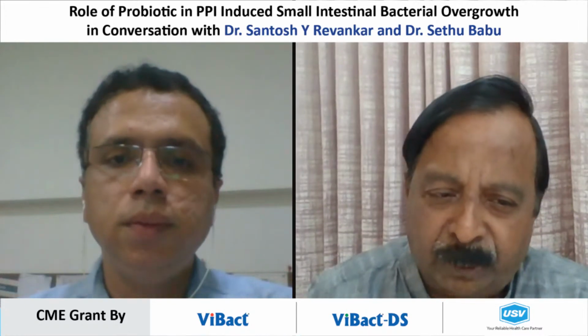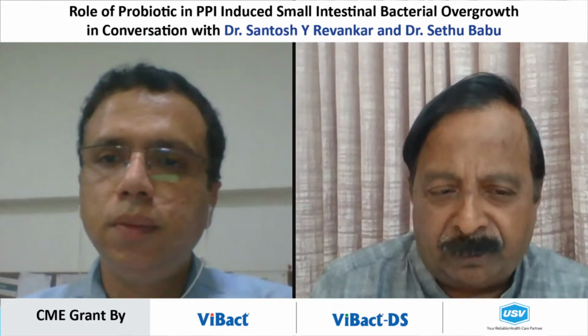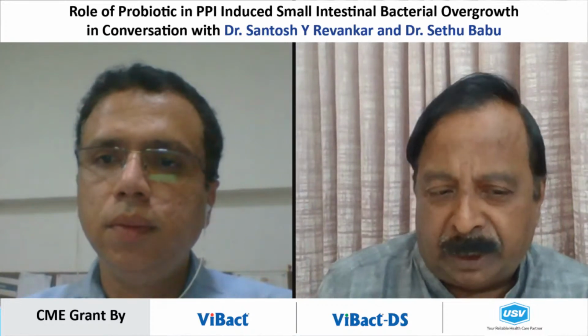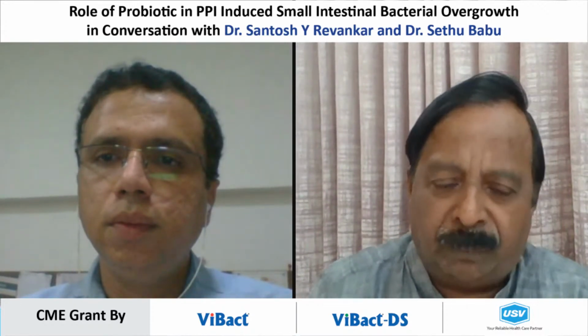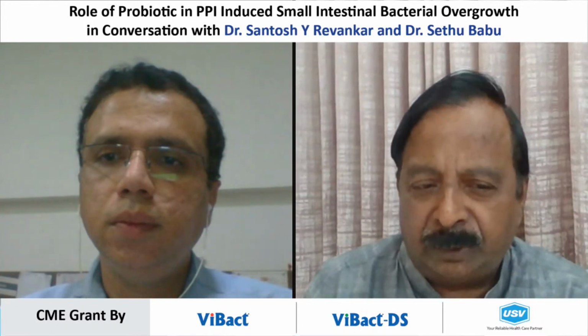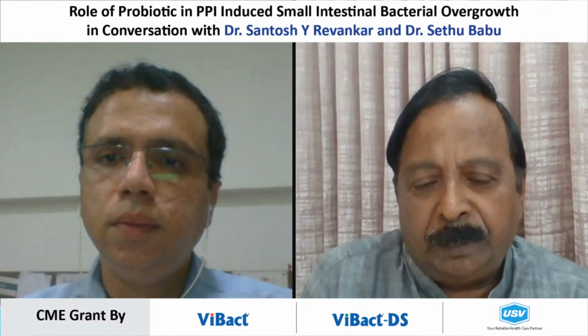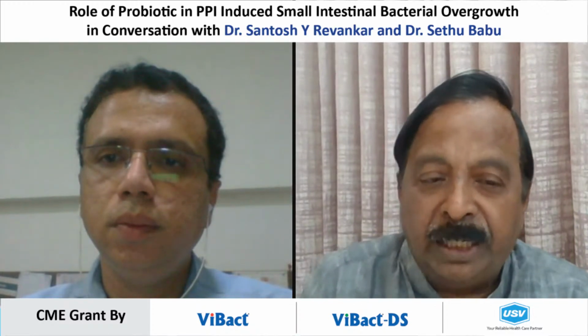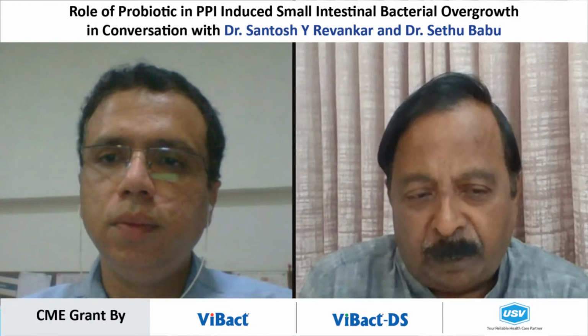So one of our schedules is to give them 1 week of rifaximin followed by probiotic. There are another couple of trials which have shown that you primarily give them probiotics and change this. Individuals vary, but there is a large group which believes that probiotics could be helpful in these people.